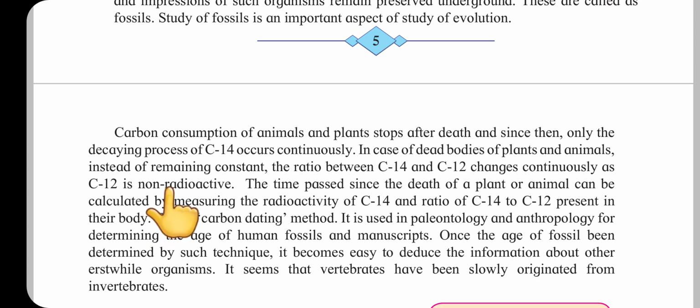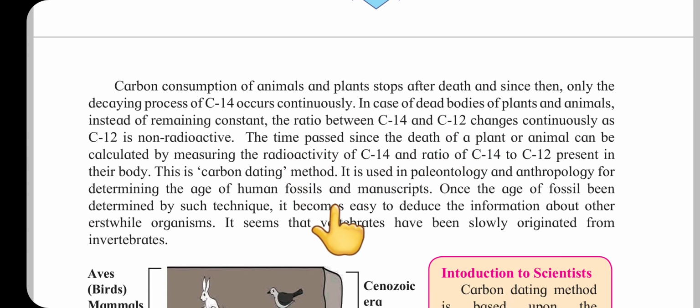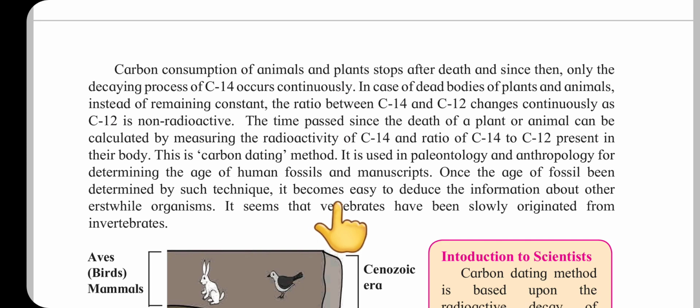When the age of a fossil is determined, the ratio of C14 and C12 shows the age of the fossil. If the age of the fossil can be determined by this ratio, it becomes easy to deduce information about the erstwhile organism.